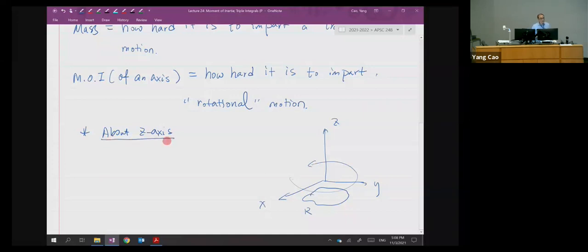When this is about the z-axis, we have a specific name: this kind of moment of inertia is called the polar moment of inertia. So, the polar moment of inertia of this area.